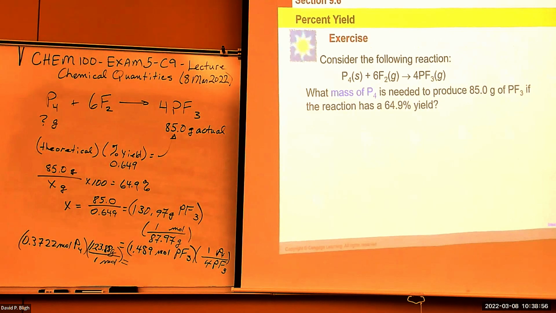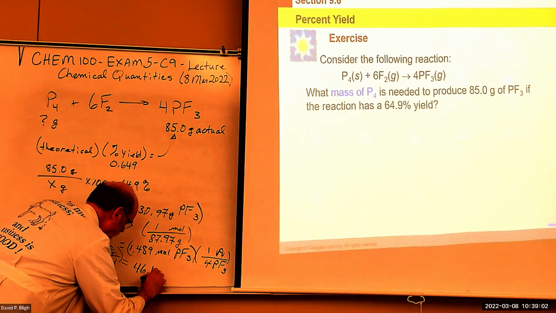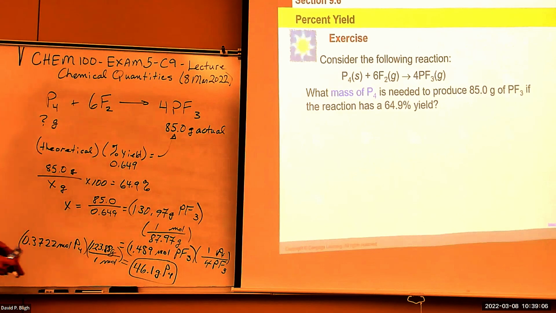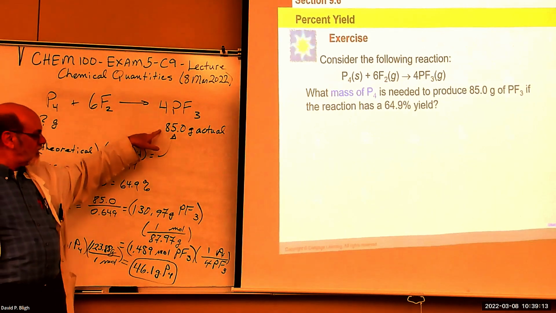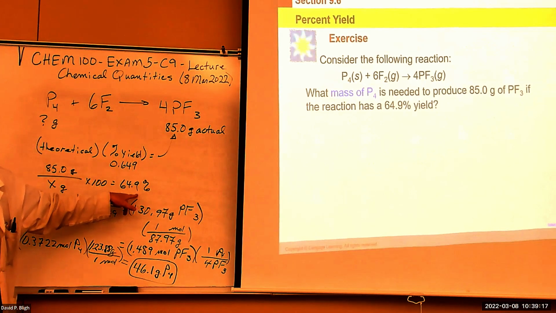And I get 46.1 grams of P4. That's how much P4 we need to guarantee a production of 85 grams of the product at 64.9% yield.